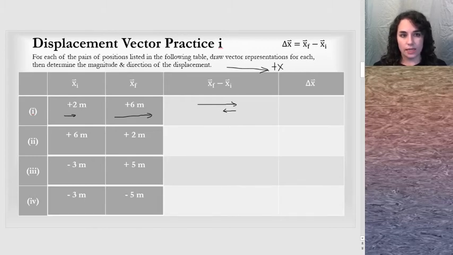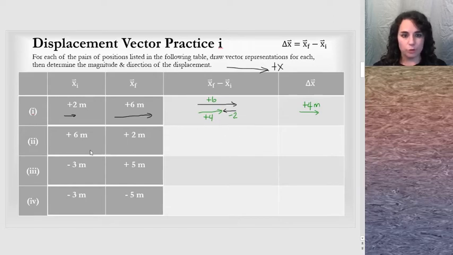And you can see that the remainder between these two is how far the object went. So this would be plus 6 minus 2. This would be a plus 4. So our displacement vector over here is a plus 4 meters.